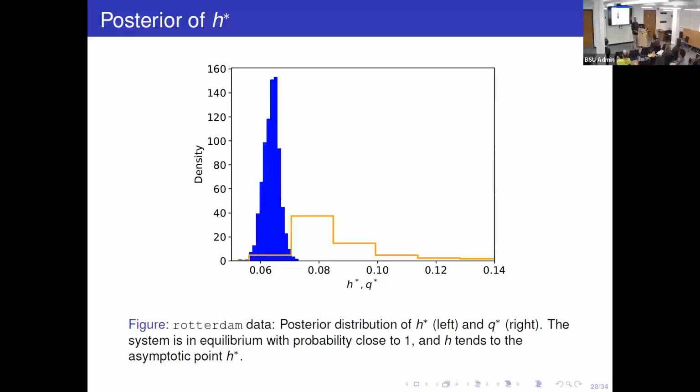So we can actually calculate the posterior distribution of the state. In this case, we found that with probability very close to 1, the state is stability, meaning that they will stabilize at a point H star.